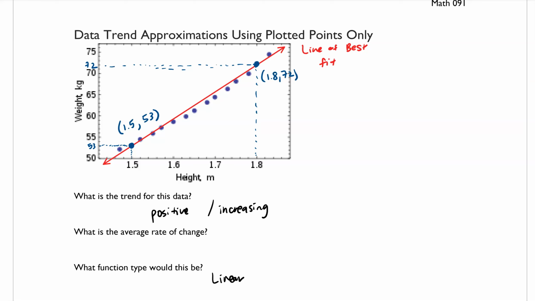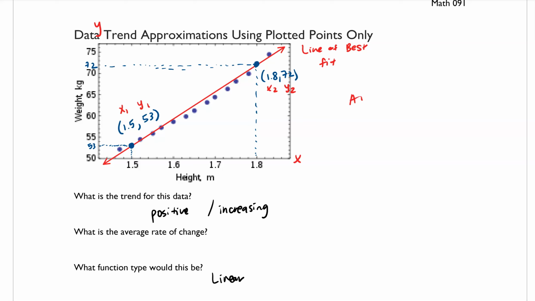Now, when we calculated rate of change or the slope with linear functions, we used the formula m is equal to y2 minus y1 over x2 minus x1, which is essentially what we're doing here. So if this was my x-axis and this was my y-axis, then I could call this one x1, y1, and this one x2, y2.